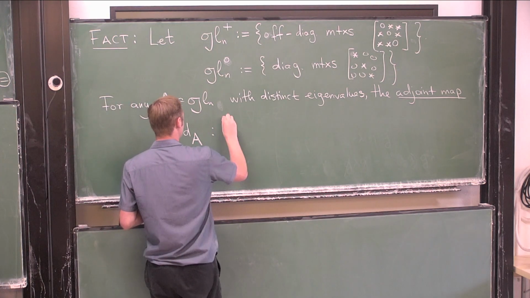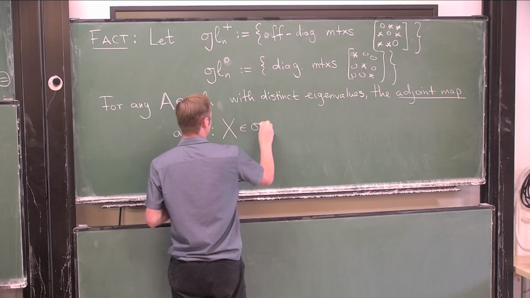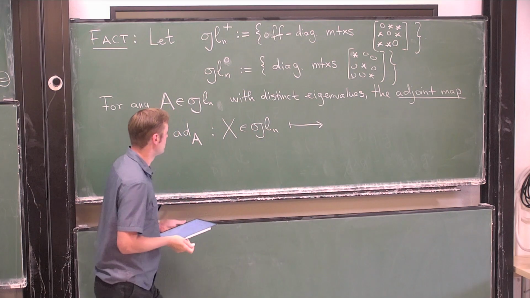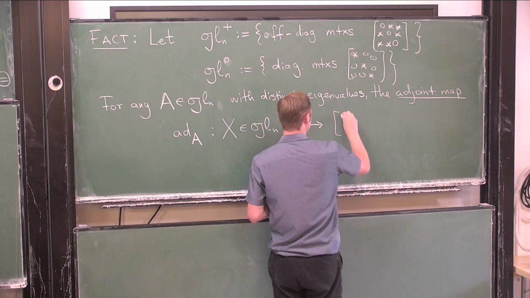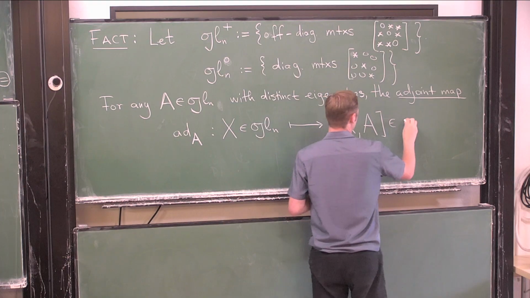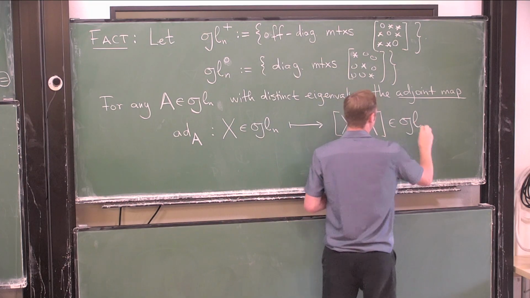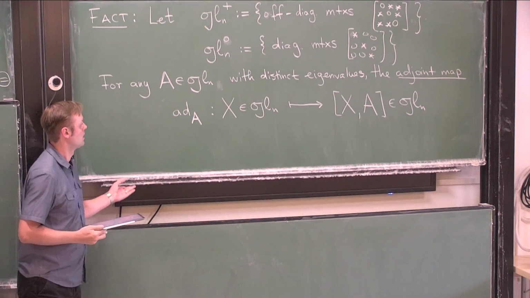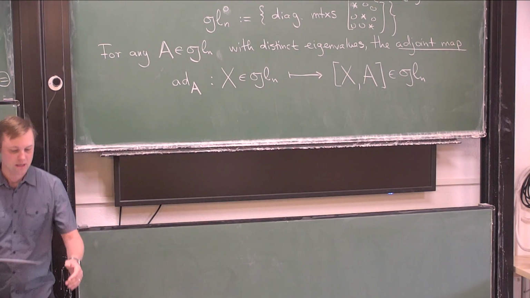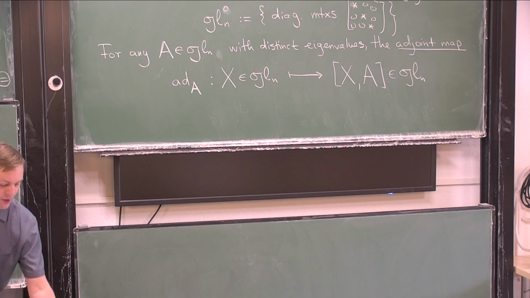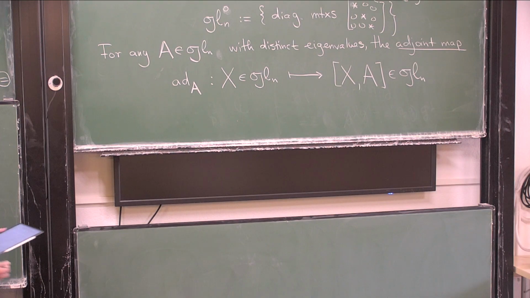This takes a matrix in GLn and outputs another matrix in GLn, which is the commutator with A. Okay, so the fact is about this map.